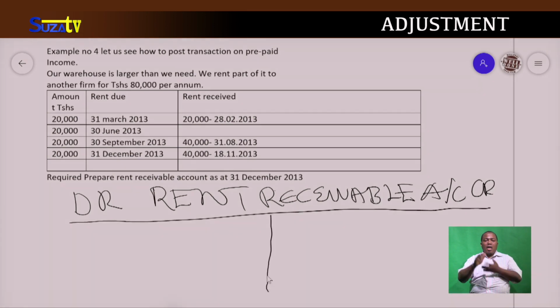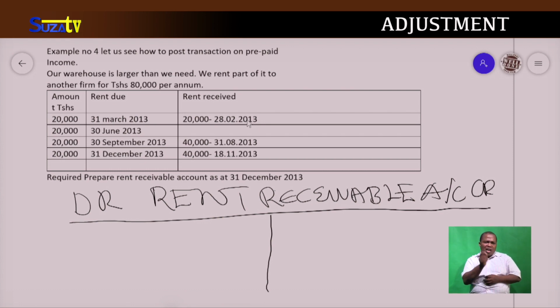After drawing the account of rent receivable, post the transactions. At the first quarter, we received 20,000 on 28th February 2013.